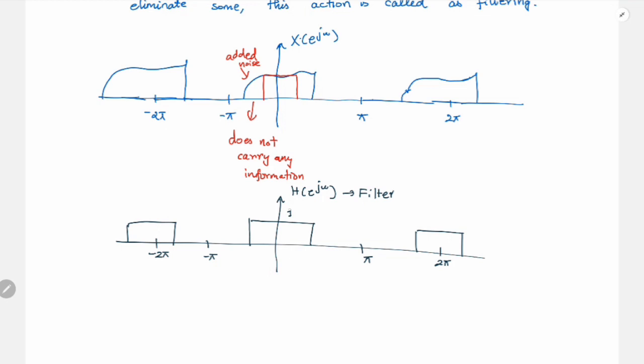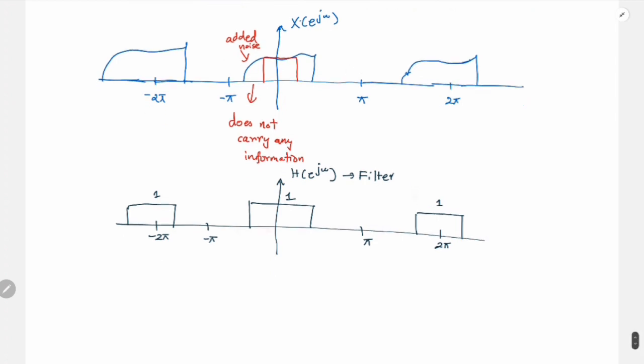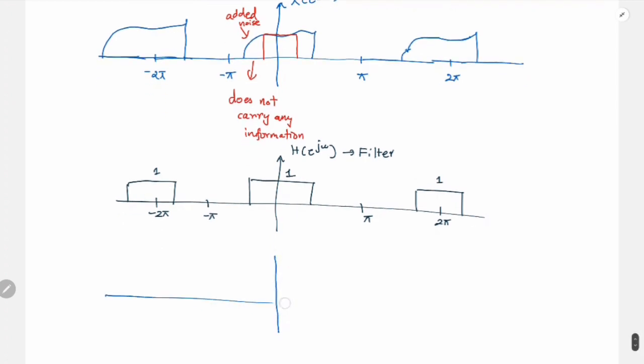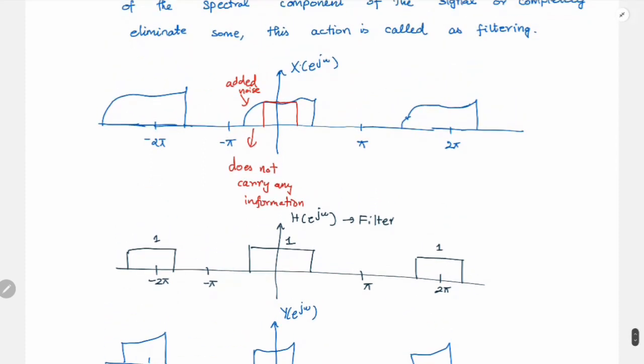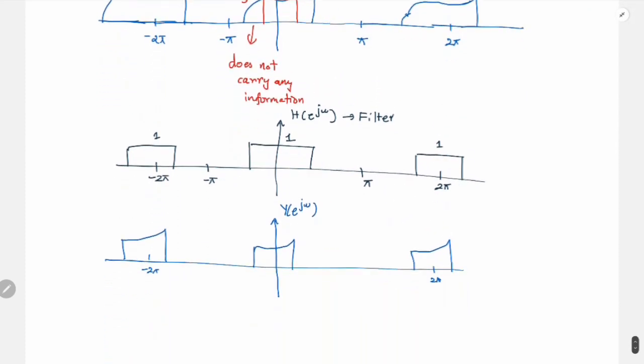I will keep my amplitude as 1. I can keep it as anything, since only the relative amplitude matters, right? Then my y of e power j omega will consist only of my desired components, something like this. Then on this I can do whatever I desire. That is where these kinds of filters are helpful.